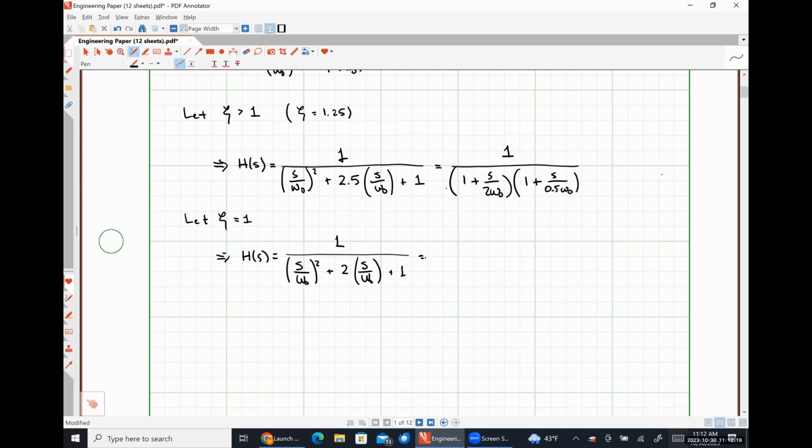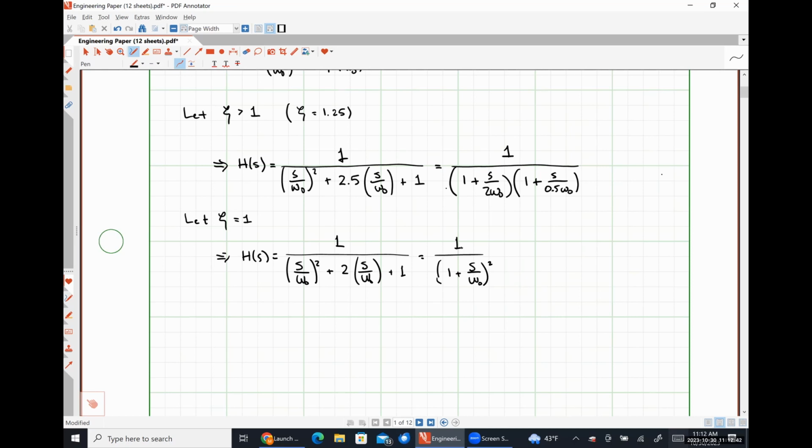This can also be factored, but now we have a case where we have a repeated pole, right? So this is just going to look like 1 plus s over omega naught quantity squared, which is just a special case of the condition above, right?